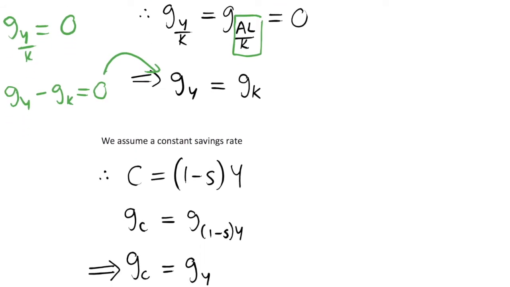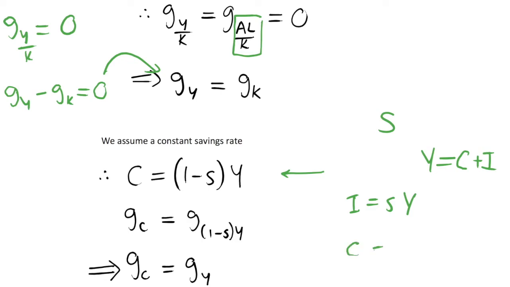And even further than that, since in our Solow model we've assumed a constant savings rate S, so everybody saves a certain fraction of their income, we can write down this result for consumption, because we know that output is split between consumption and investment. So we have that our amount of investment is equal to the savings rate multiplied by the output.